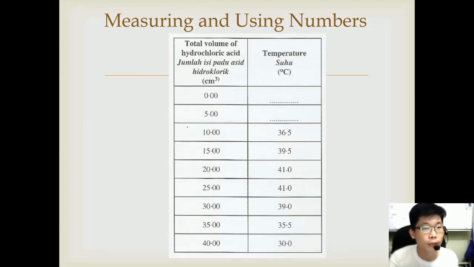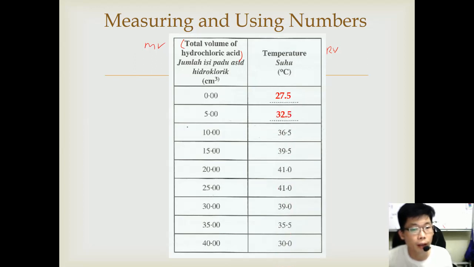So actually this one, total volume of the hydrochloric acid added will be the manipulated variable. Then temperature will be the responding variable. So based on this, we can determine the variables already. Okay. So the temperatures we mentioned already, so it's 27.5 and 32.5.